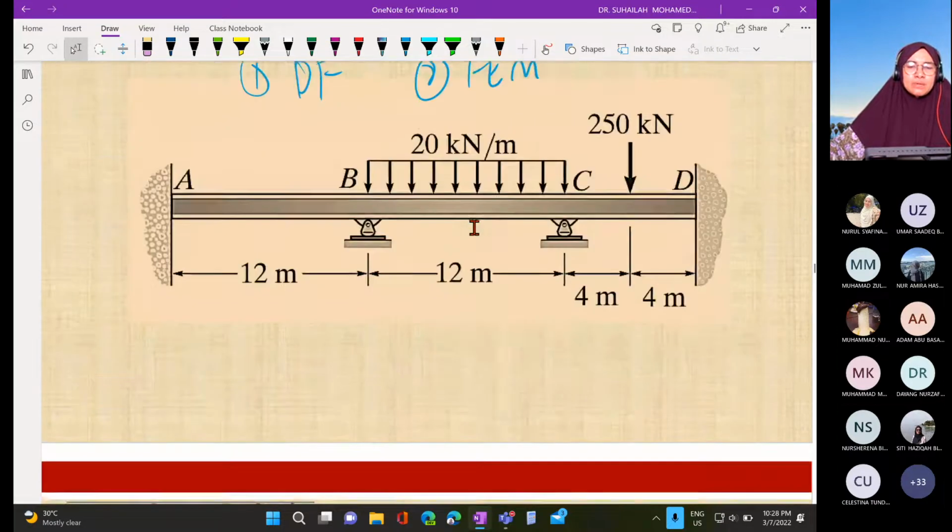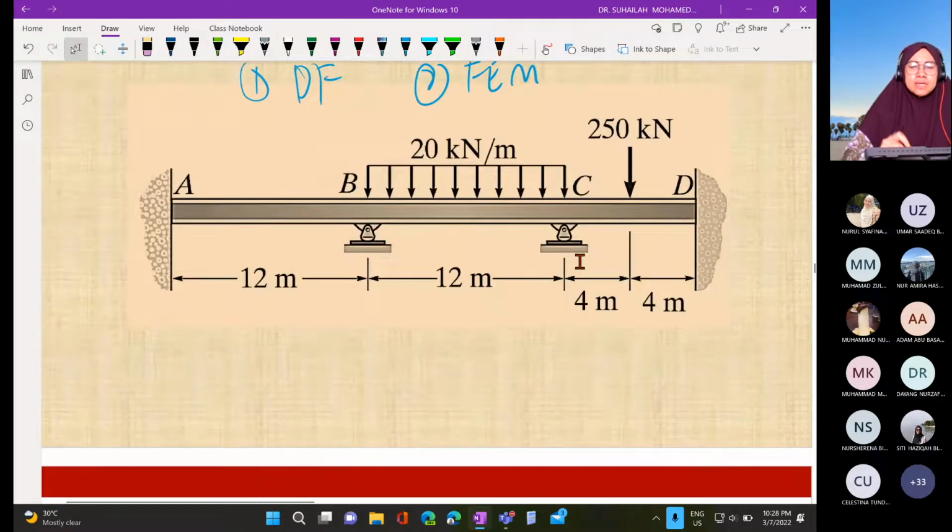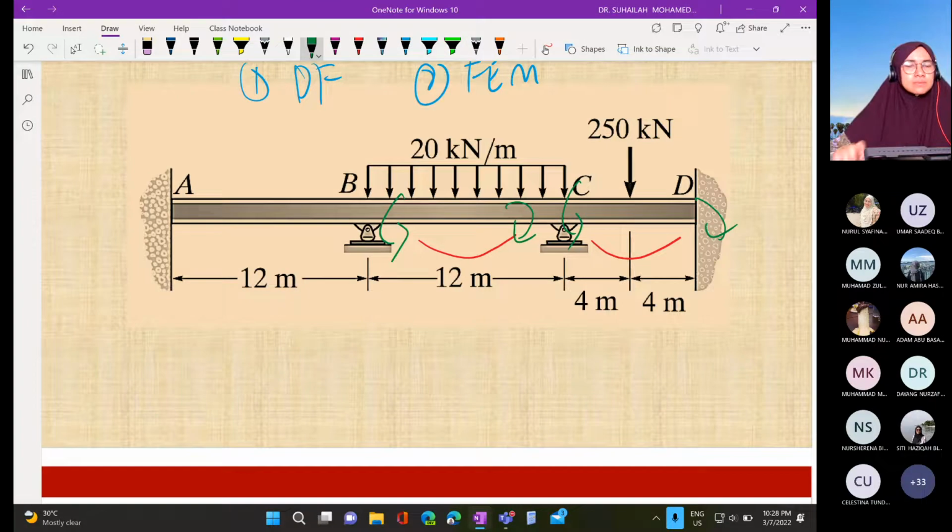And fixed end moment again kena tengok pada loading tu. So dia akan bend like this. This is also bend like this. So moment in this case like this. And based on sign convention that we have set at the early of the process, sign convention for this method, sign convention kita clockwise positive.